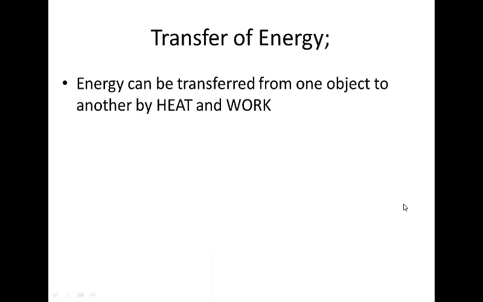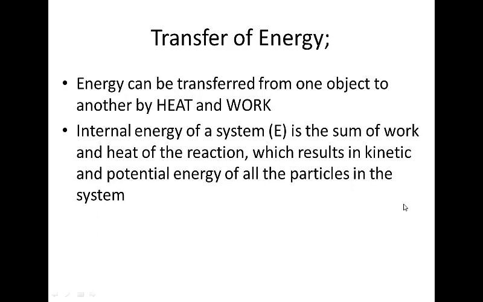Transfer of energy. Energy can be transferred from one object to another by heat and work. The internal energy of a system is the sum of work and heat of the reaction, which results in kinetic and potential energy of all the particles in the system.